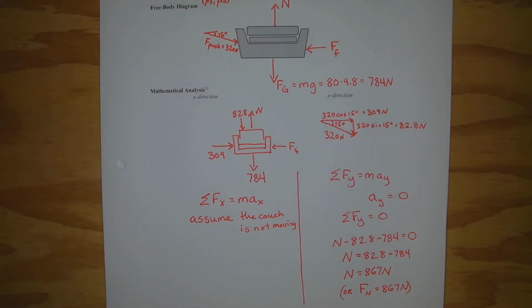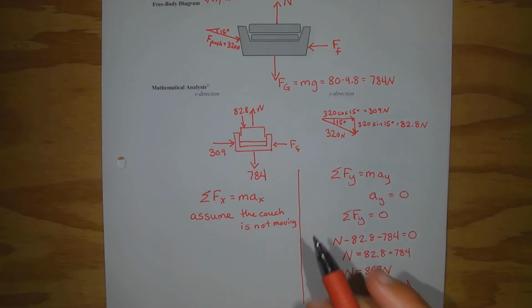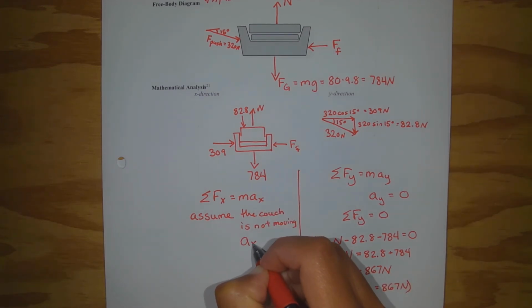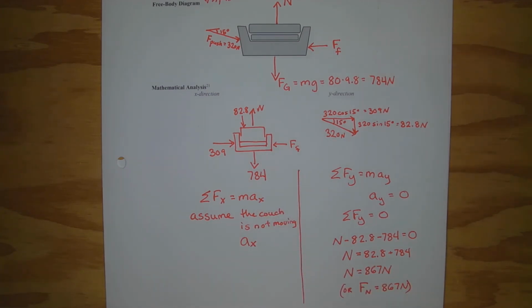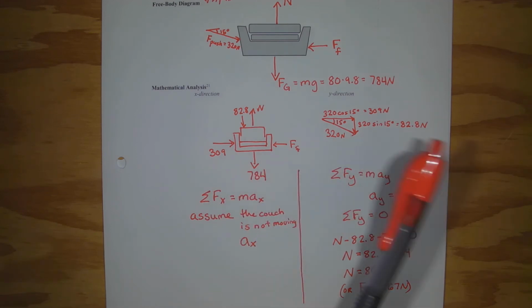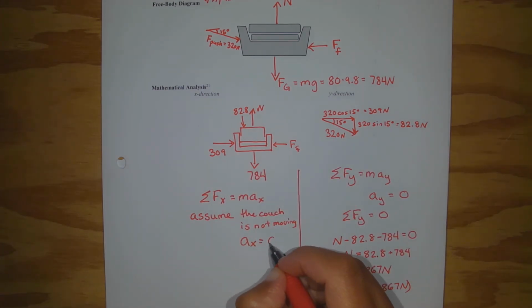And then we'll have to look at the problem again and use Newton's second law assuming the couch is moving and using kinetic friction. So first, assuming the couch is not moving, the acceleration in the x direction is equal to 0. Looking in the x direction, I only have two forces.